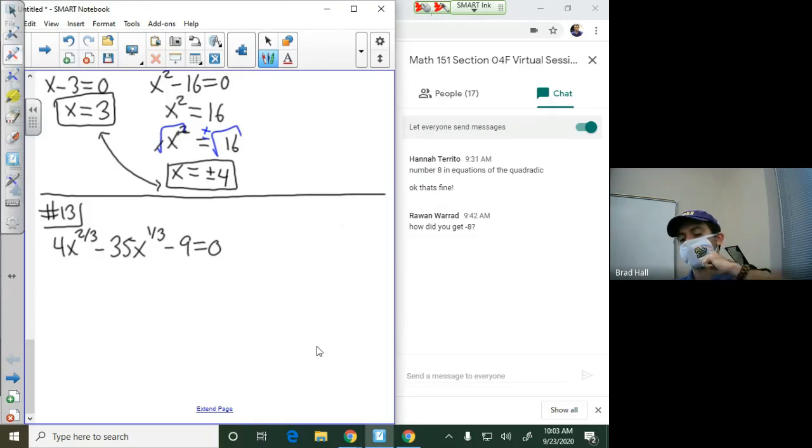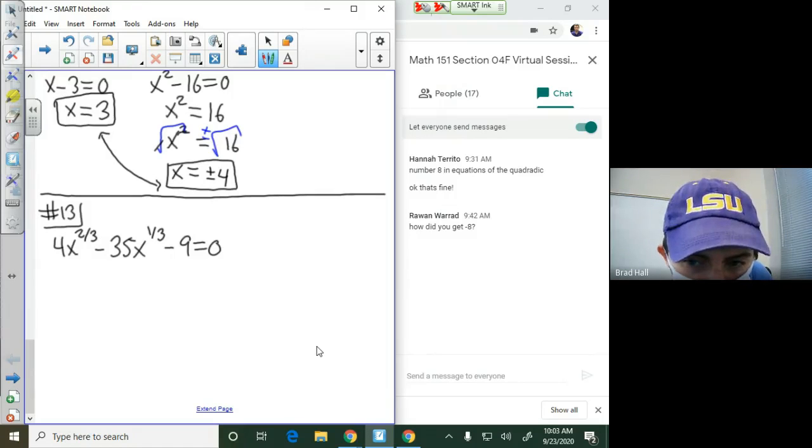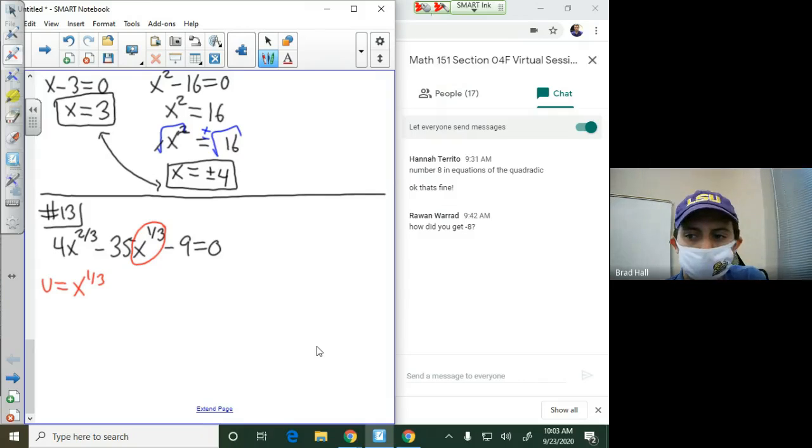So this is a substitution problem. It comes from the substitution section, and normally the middle variable gives us an idea of what the substitution will look like. So if u is equal to x to the 1 over 3, what about x to the 2 over 3?